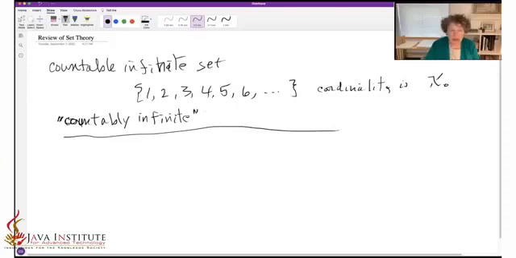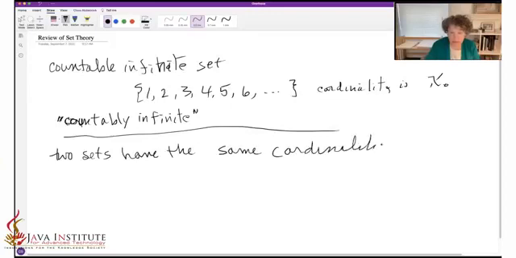So Cantor said two sets have the same cardinality if there is a one-to-one correspondence between them.